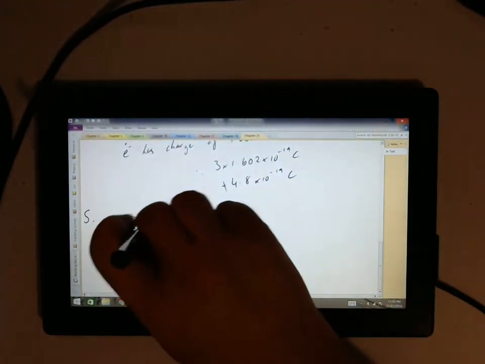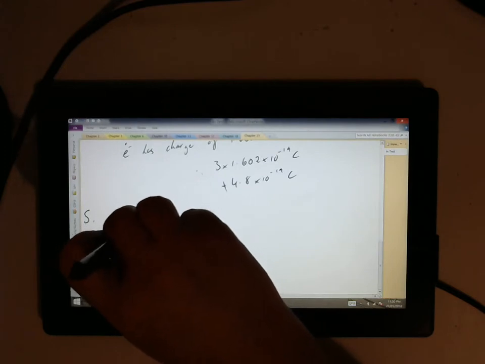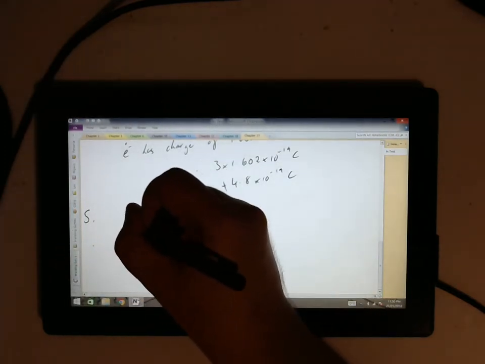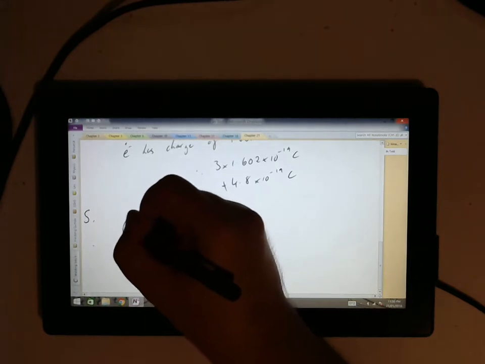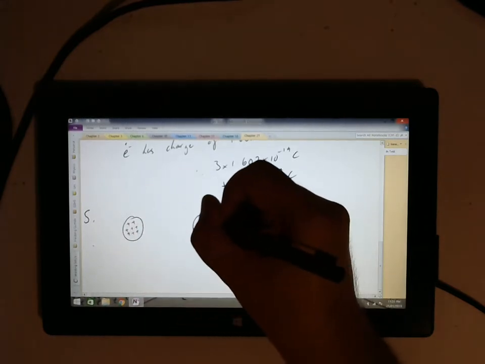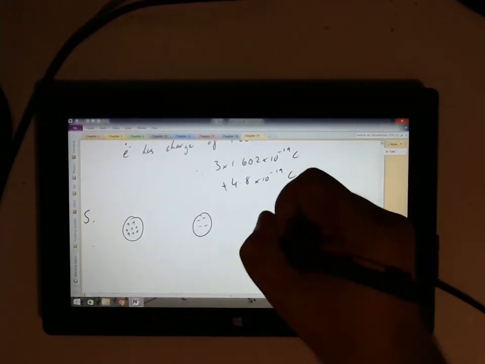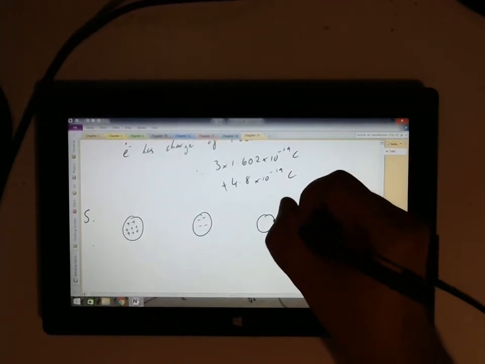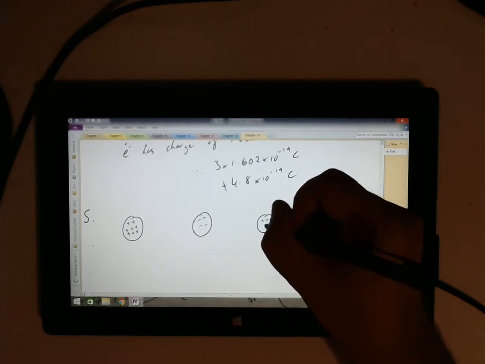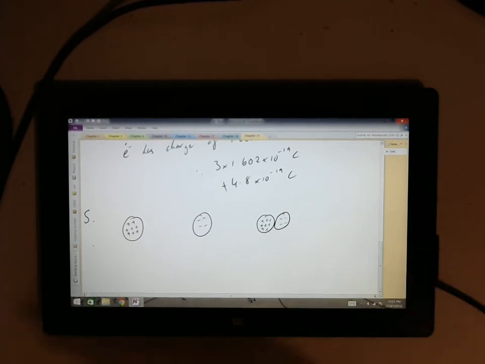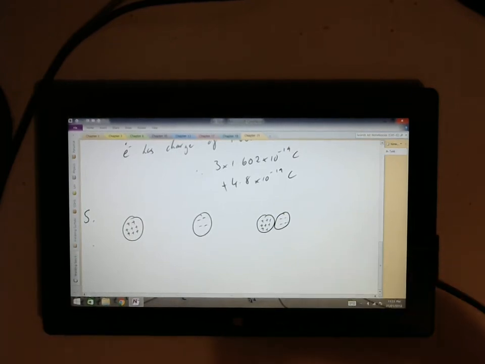So instead of writing this as plus 8 and minus 4, I'm going to write this as the number of pluses. 1, 2, 3, 4, 5, 6, 7, 8. And 1, 2, 3, 4. Now if we were to touch these together, then the electrons will be free to move evenly.